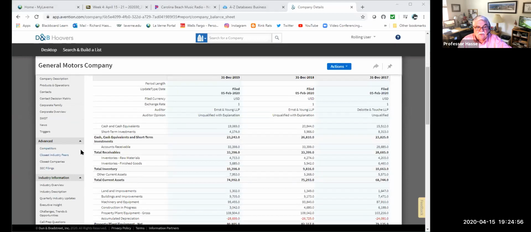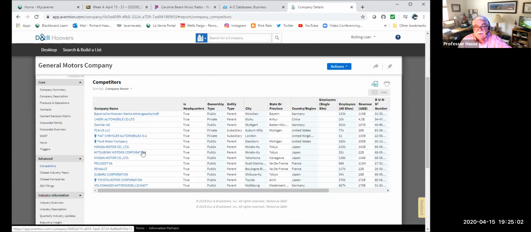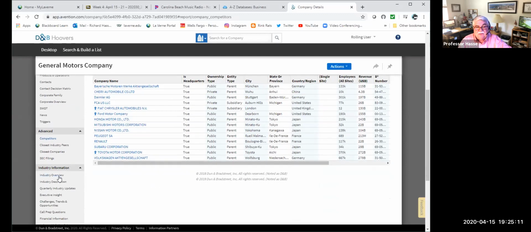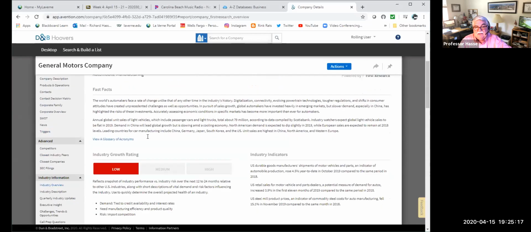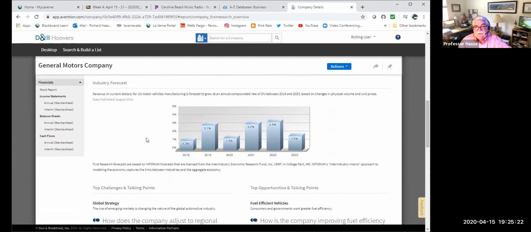Right here, we can go to competitors. And it'll list all the companies that General Motors competes with. There's their competitors, if you're concerned about that. All right. You go here to industry overview. It gives you all the different industry indicators of the industry that they're in.